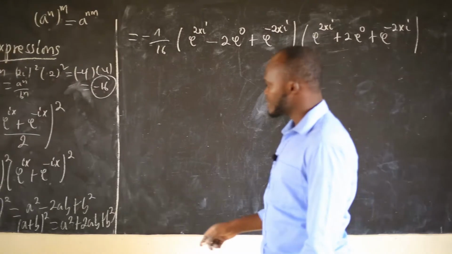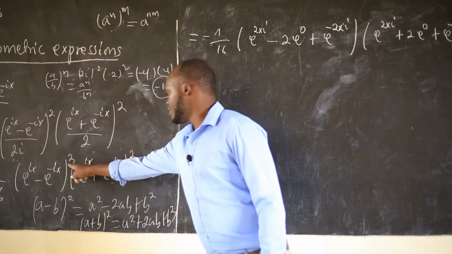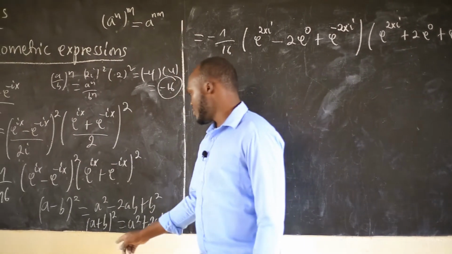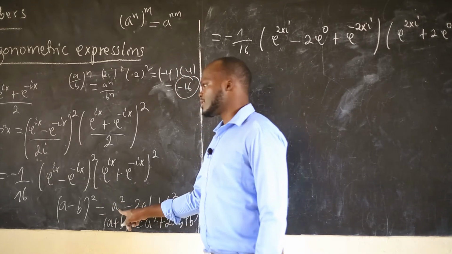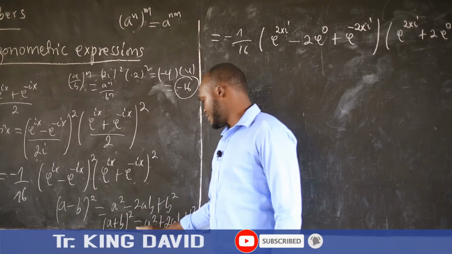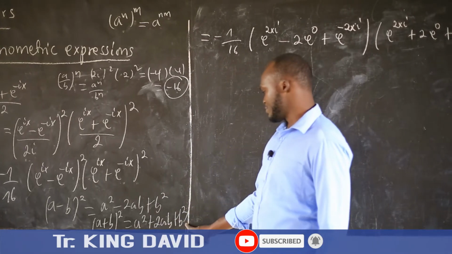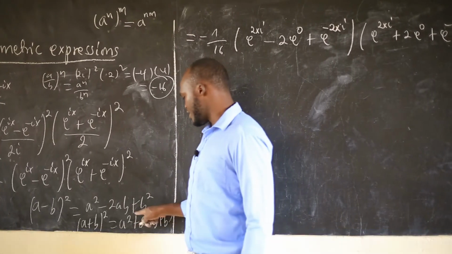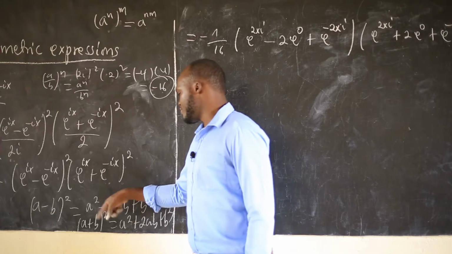Because all of them have squared. So you see when you have a minus b squared, it is a squared minus 2ab plus b squared. And when you have a plus b squared, it is a squared plus 2ab plus b squared. You see the only difference is here: here we have plus and there we have minus.